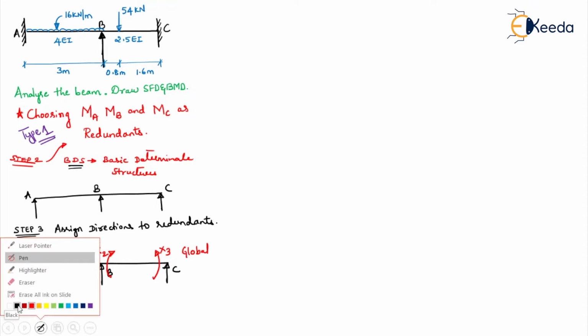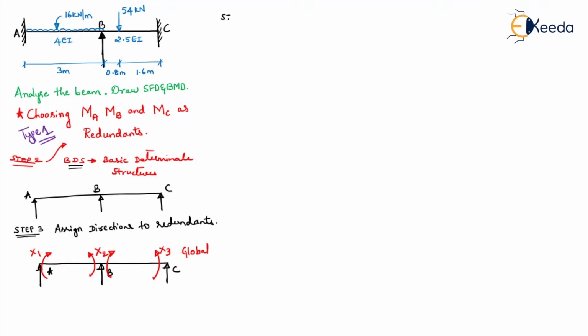Then coming to the next step, step 4 is to assign directions to local coordinates. Each member will have 2 local coordinates.